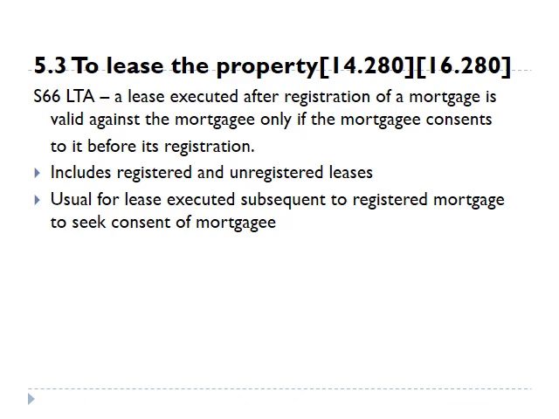Where the mortgagee consents to the lease, then the mortgagee is estopped from denying the existence of the lease and must deal with the land, for example, sell it, subject to that lease interest. This includes both registered and unregistered leases.